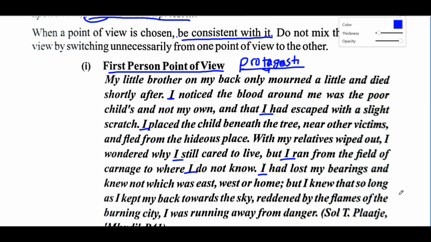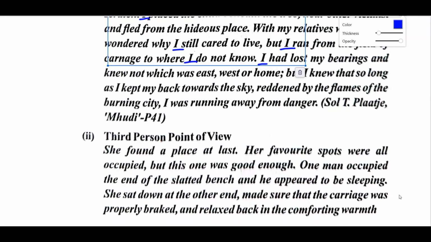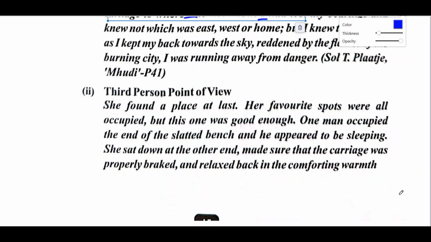Now let's look at the second one. So the second one is where you are now using the third person point of view. So this is where you are narrating a story on somebody's behalf only. Another person is being the protagonist.